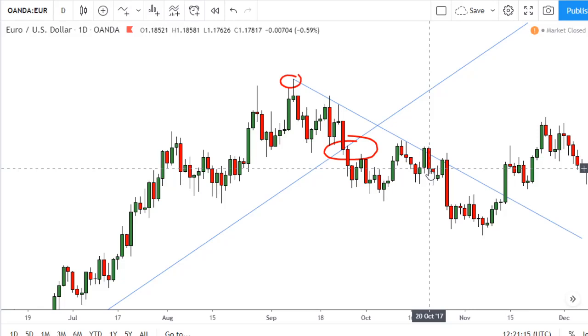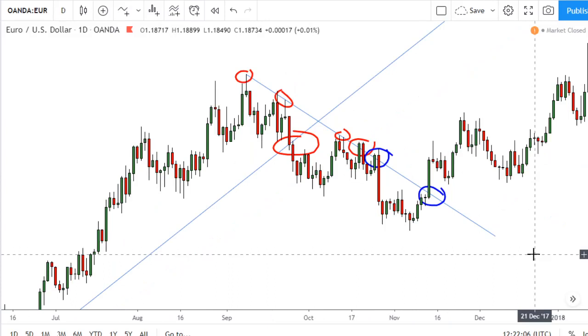So from a downtrend, we are changing trend to an uptrend. So what we are looking for in an uptrend is buys, long positions. Let me delete those two, we don't need them anymore.